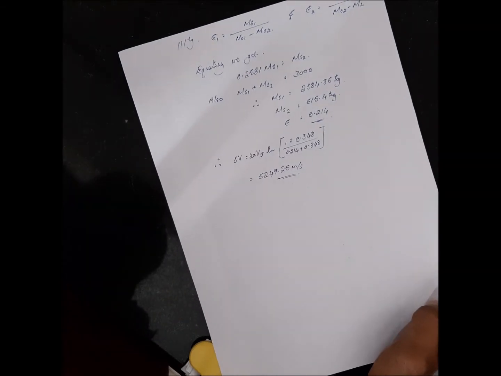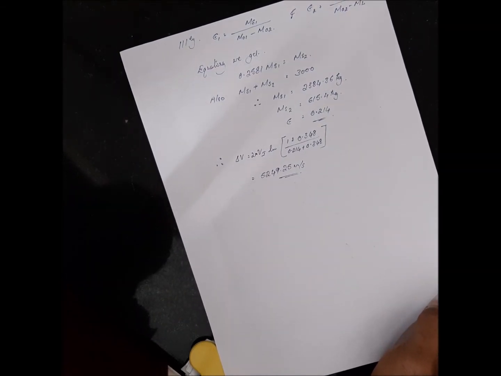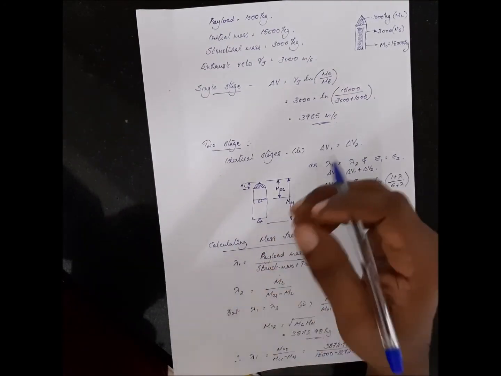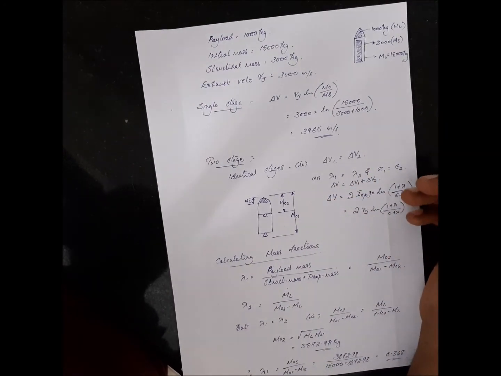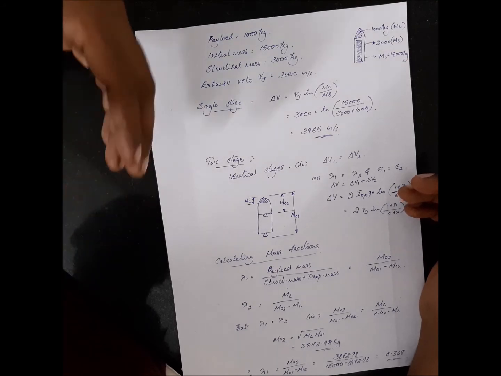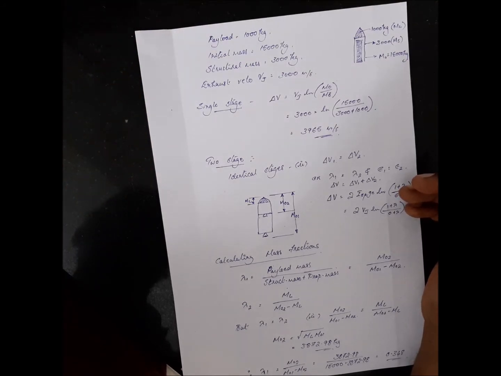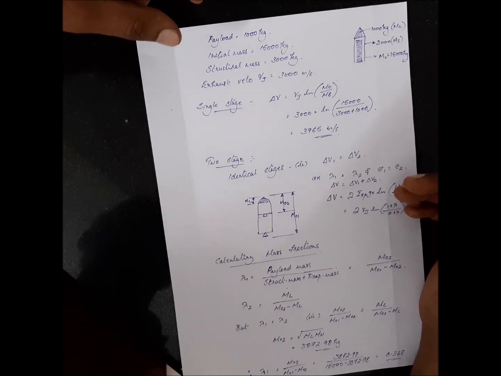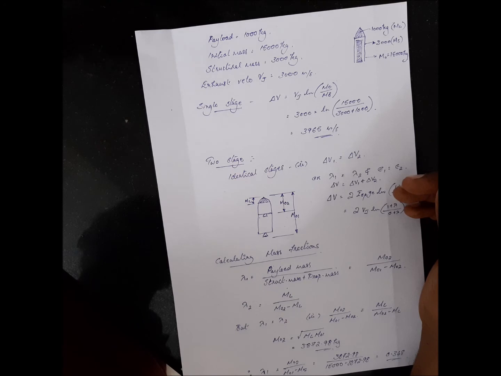So delta V is definitely larger for multi-stages. Okay, so what is actually multi-stage? Multi-stage is something like sequentially arranging the rockets so that after each stage, the structural mass of that stage can be discarded, or a portion of the structural mass can be discarded after each stage.